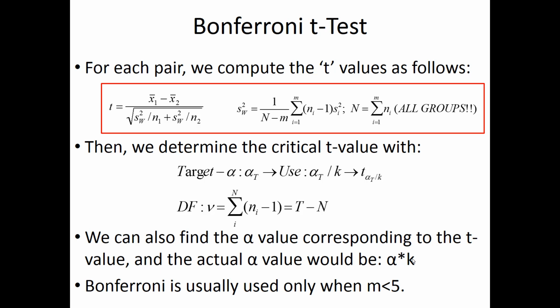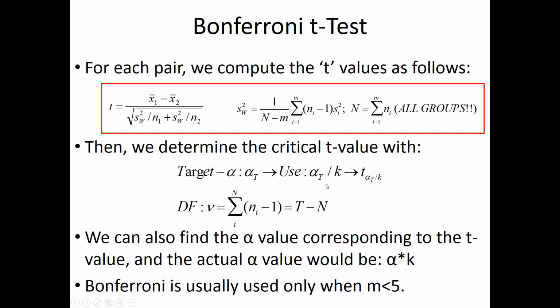One way to compensate for multiple comparisons is Bonferroni. In this case, our threshold alpha value of 0.05 is reduced by a factor of the number of comparisons that we plan to make.